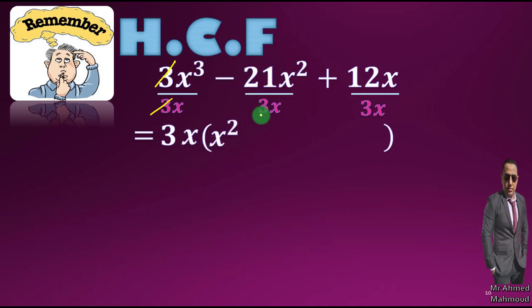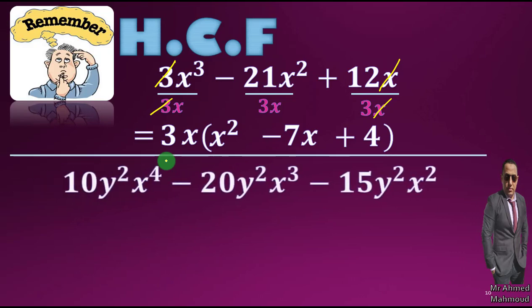Negative 21 divided by 3 equals negative 7, and x power of 2 divided by x gives x power 1. 12 divided by 3 equals 4, and the x over x cancelled. It is x power of 0. Now I factorize by taking out the HCF. This is what we took in the first prep, so I am reminding you what we took in the first prep.